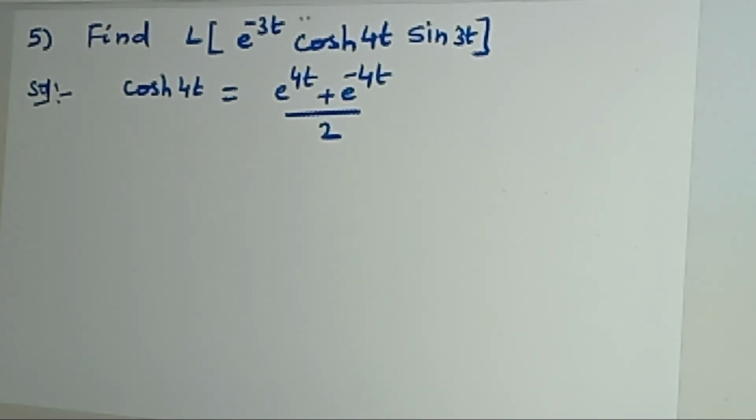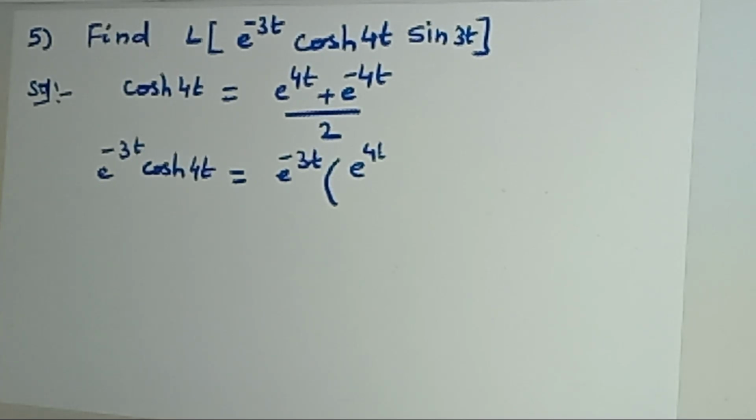Okay. Now next what we will write? We will write e to the power minus 3t into cosh 4t value. What we are doing? We are multiplying e to the power minus 3t to e raised to 4t plus e raised to minus 4t upon 2.